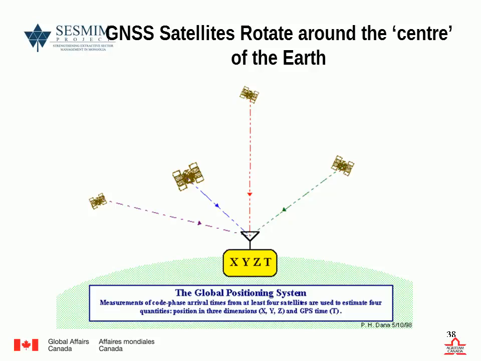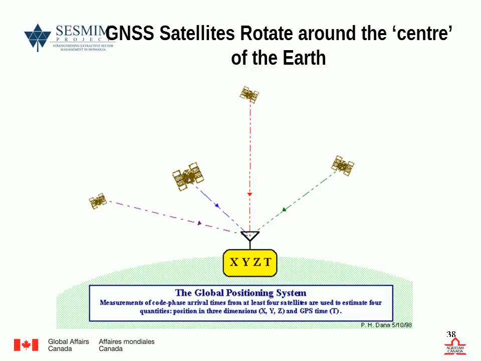Well, let's use the term GPS just so everybody's familiar with it, but when I say GPS, I mean GLONASS and GPS. So with the satellites, okay, basically satellites rotate around the center of the Earth. And by center of Earth, I don't mean a datum.